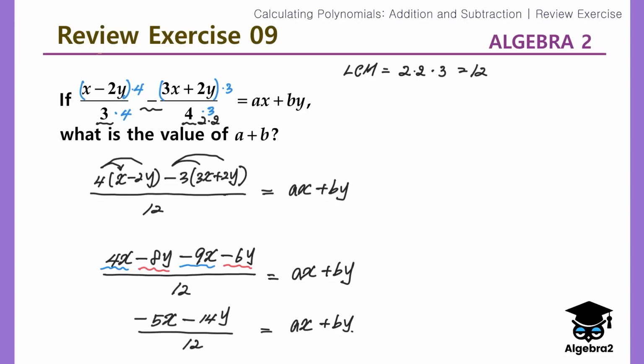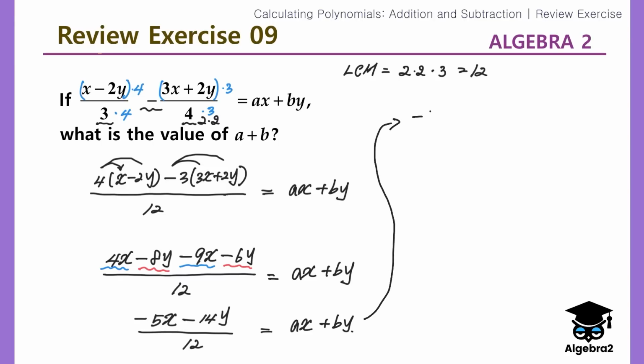So what I'm going to do is separate these two terms right here. That's actually negative 5x over 12 minus 14y over 12, right? So I'm going to rewrite the expression on the left-hand side.